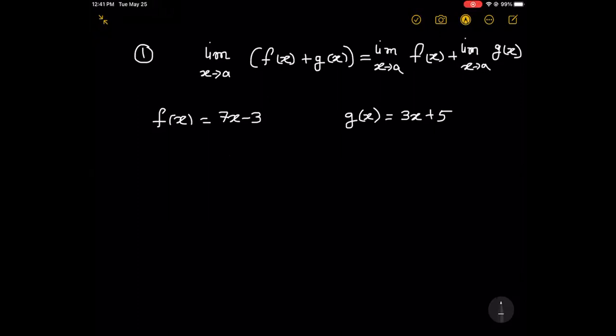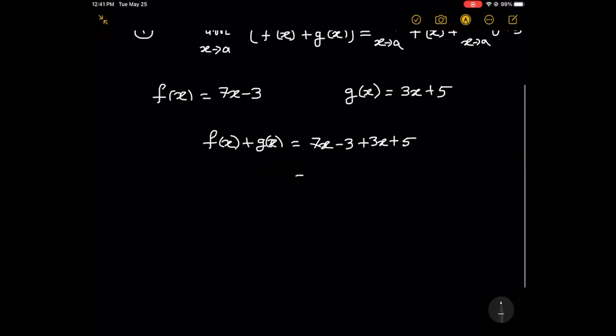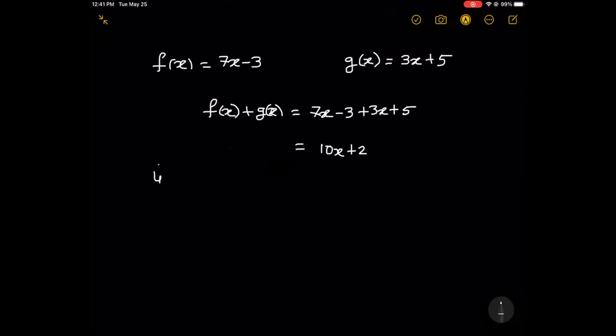Okay, so first thing we need to do is to add this for the left hand side, right? Pardon my bad handwriting. So if we add this, 7x minus 3 plus 3x plus 5, I'm just adding these two functions, okay? So it gives me 10x plus 2, right? Do you agree with me? Now I'm going to take the limit of it.